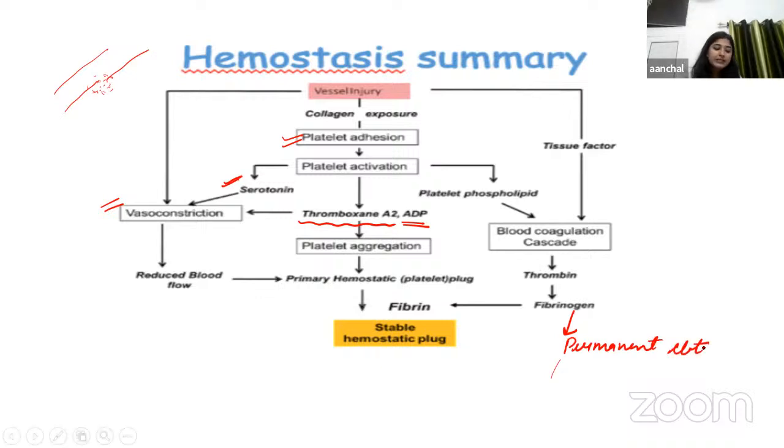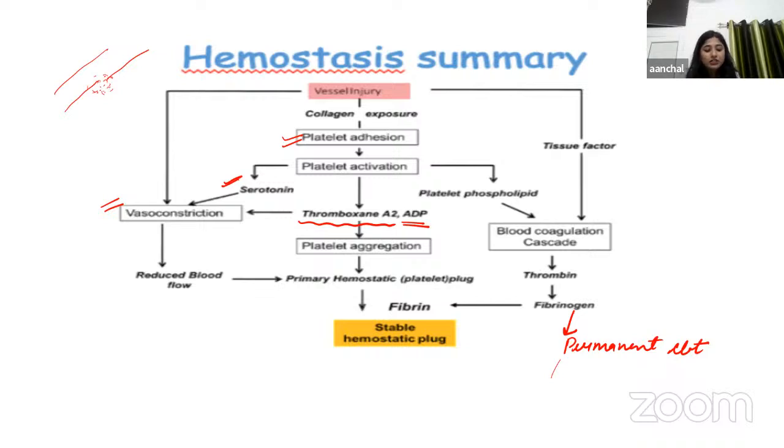So again, I'm repeating that whenever any injury occurs, the blood vessels constrict immediately and decrease the loss of blood at the damaged portion. Usually arterioles and small arteries constrict, and vasoconstriction is purely a local phenomenon, right? Whenever any blood vessel is cut, the endothelium is damaged and the collagen is exposed.